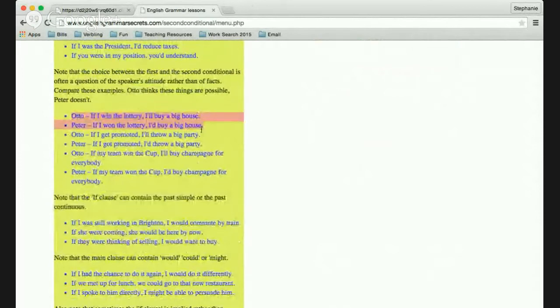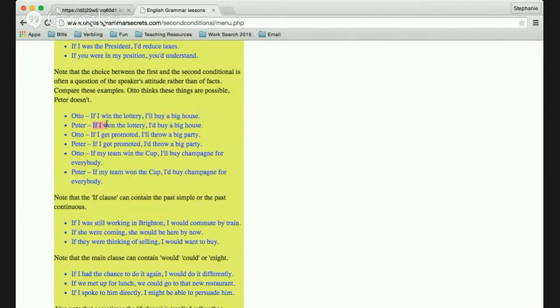Here is a good contrast to see the difference between the first and the second conditional. So first conditional: if I win the lottery, I will buy a big house. This is very certain, or shows that Otto thinks he will win the lottery. He thinks it's possible, it might happen, and he has a plan for if it does happen.